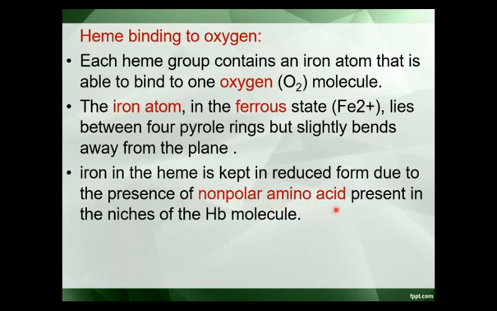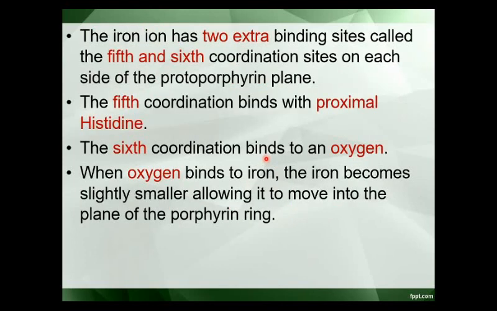This is a very important function of the non-polar amino acids present in the hemoglobin molecule. What is the function? They keep the iron in the reduced form. The iron has two extra binding sites called the fifth and the sixth coordination site on each side of the protoporphyrin plane.